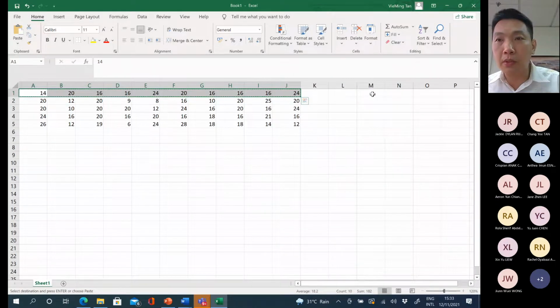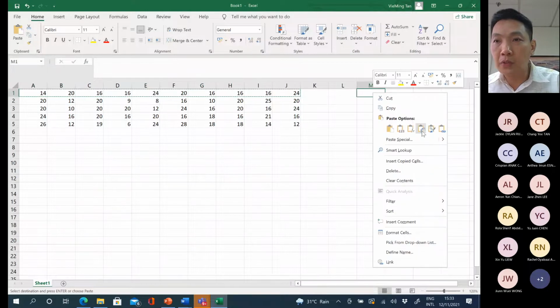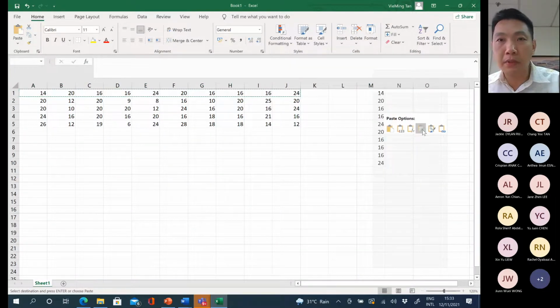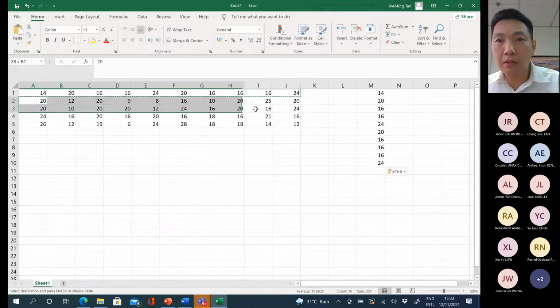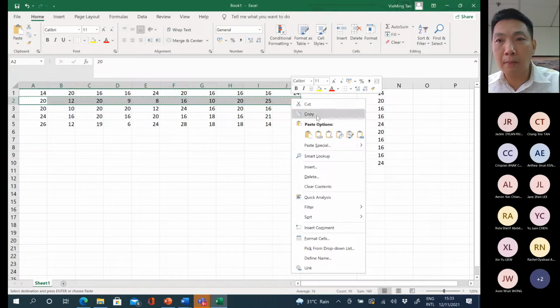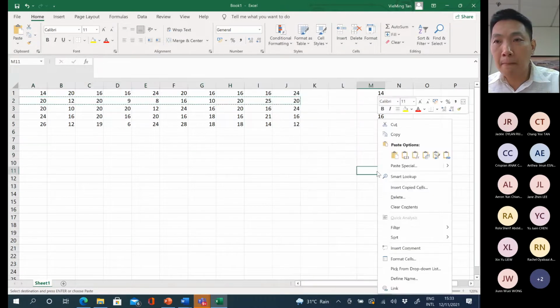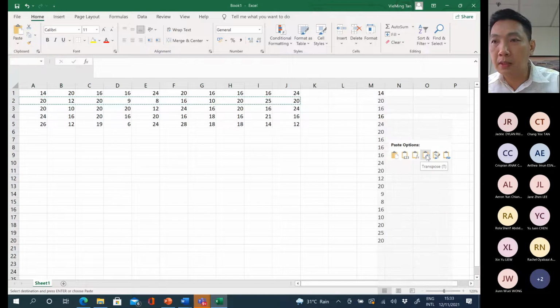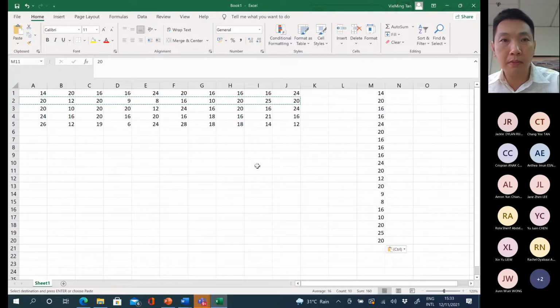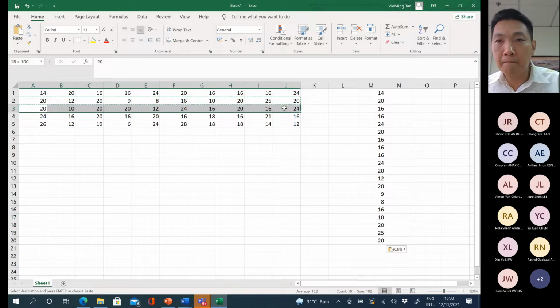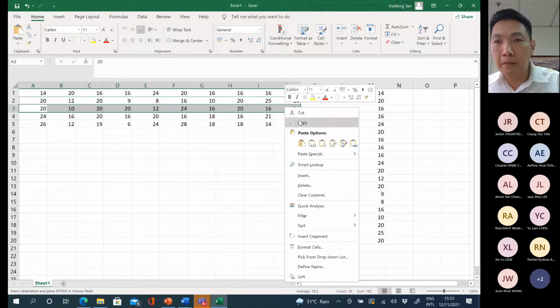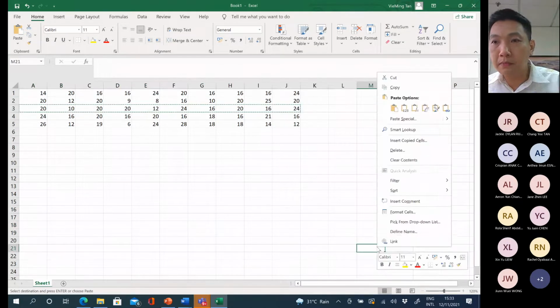I'll sort the data in vertical form. So I copy, and paste in the vertical form like this, using transpose. Copy, paste.